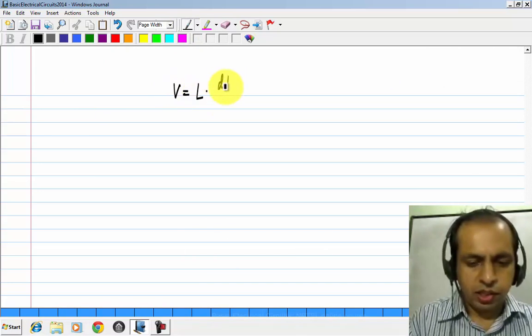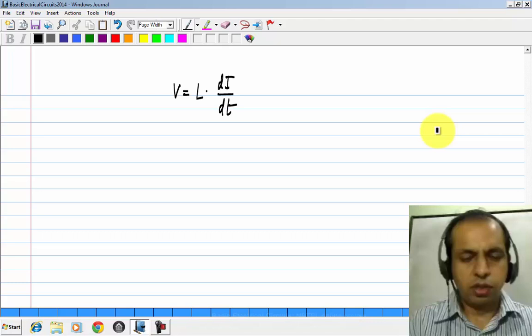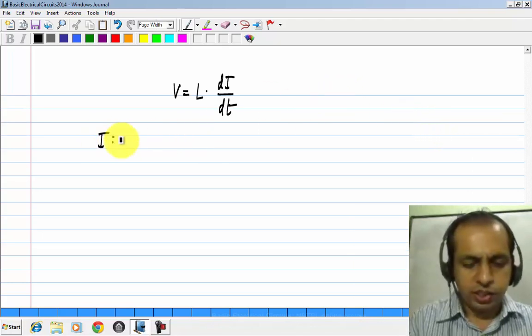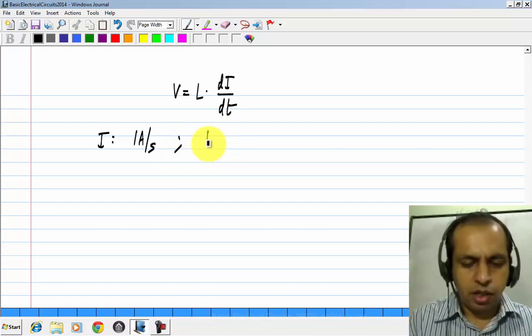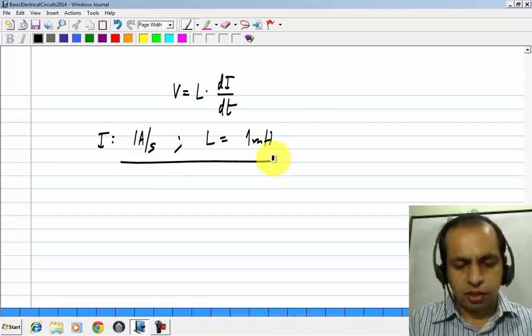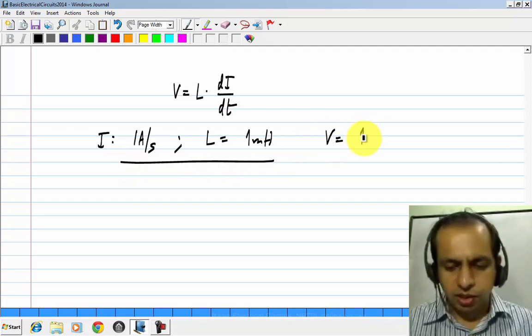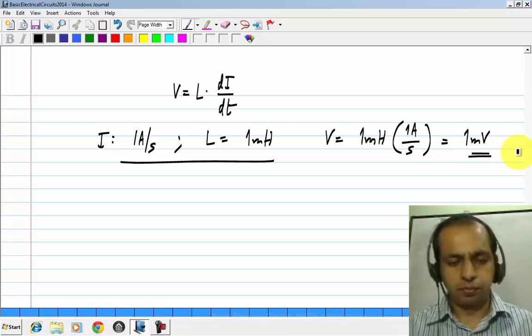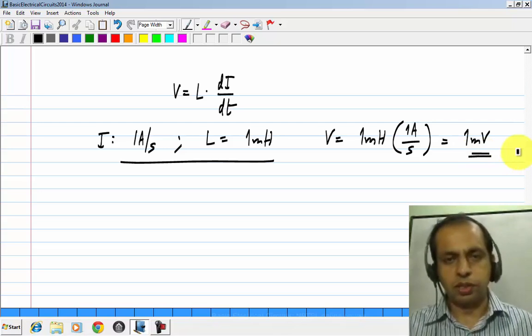V is L times di by dt, and if I is changing at, let's say, 1 ampere per second, and if the inductance is 1 millihenry, clearly the voltage induced across it is 1 millihenry times 1 ampere per second, which is 1 millivolt. Okay. So the voltage across the inductor is 1 millivolt.